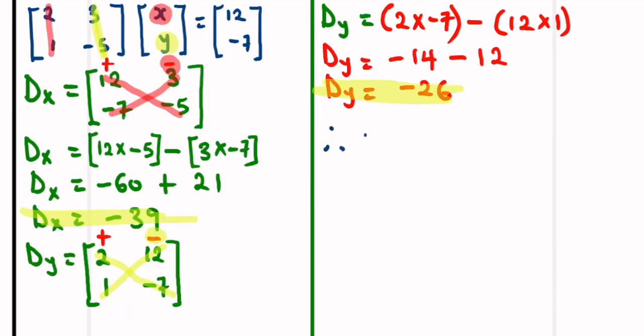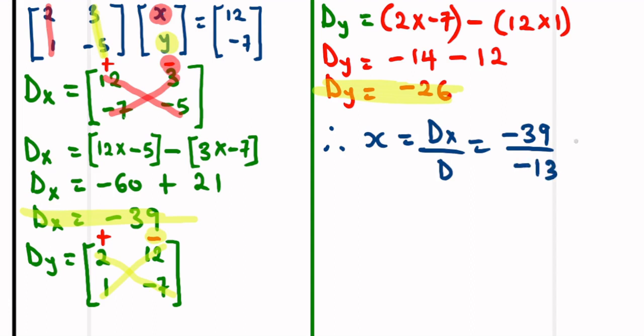So therefore, x is equal to dx over d. Now, what is the value for the determinant of the coefficient of x? It is minus 39 over the value for the normal determinant, which is minus 13. So when I divide this, minus 39 divided by minus 13 gives us the value of 3. So x is equal to 3.